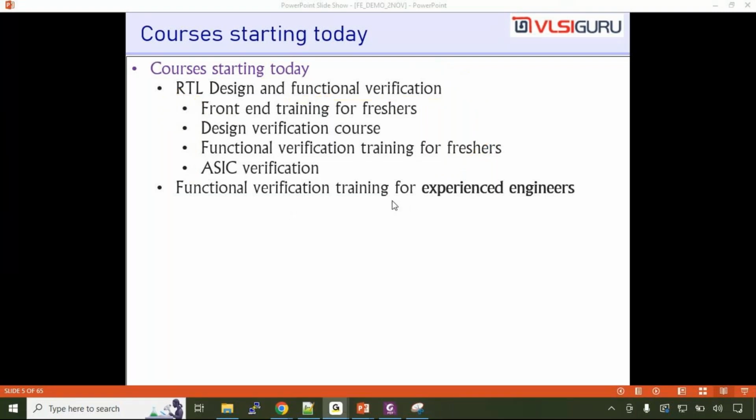Then sometimes you may ask, for experienced people, why do they need training? Can someone tell me, why does an experienced person need training? He's already working. Why do you think he requires training? Updates will come, so we need to update everything. Yes. Many times someone who is working in the industry doesn't get to work on everything. Let's say one project happens for 8 months.